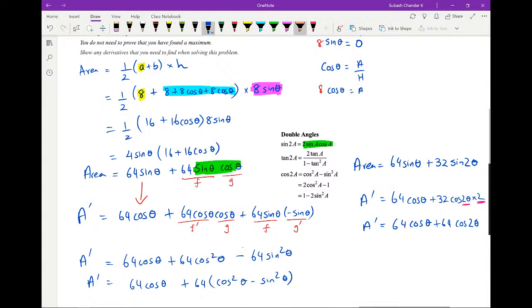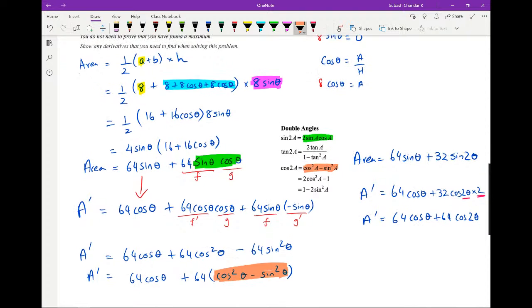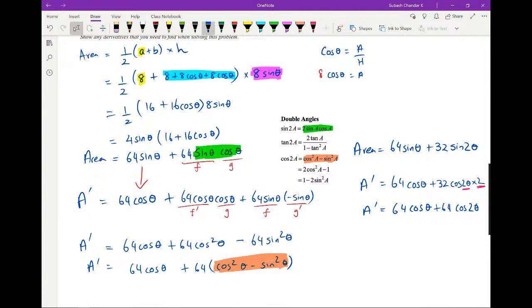And cos squared theta minus sine squared theta is right here, equal to cos 2A. Which means, doesn't matter which method you take, you are still going to end up with the same answer as you did here.